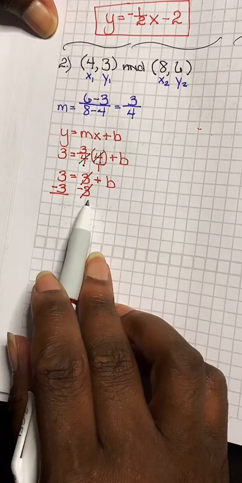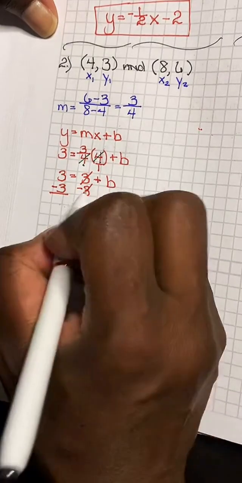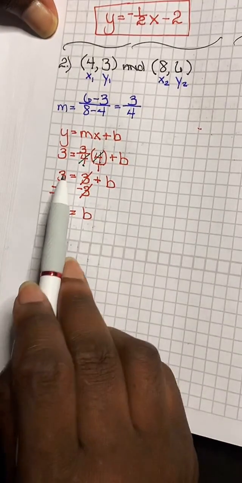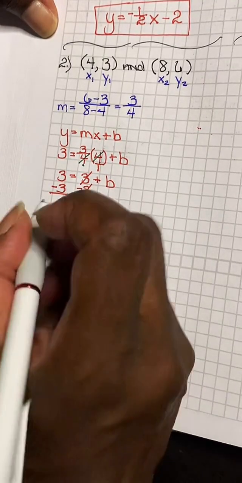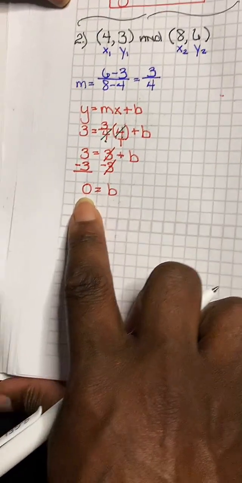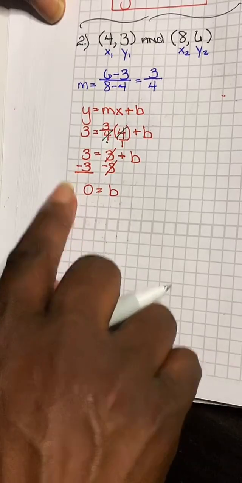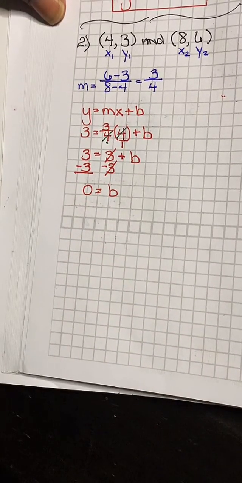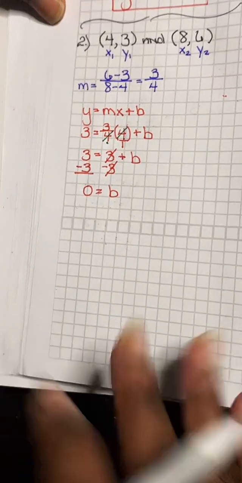I don't need the 0 over here because I still have the b to bring down. But 3 minus 3 gives me 0. I need to bring the value of 0 here as a placeholder because I have nothing left on this side of the equal sign. I always have to have something. We got to balance things out.